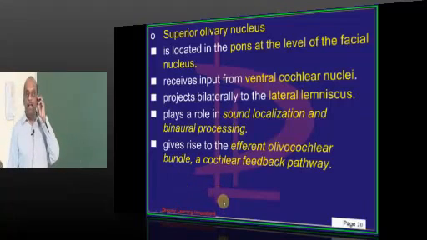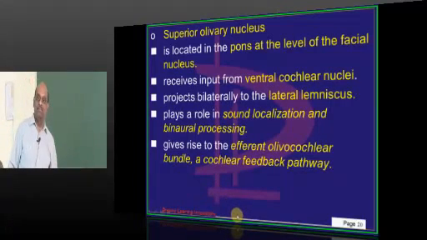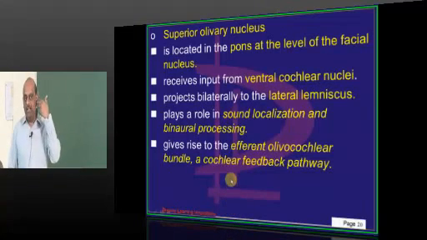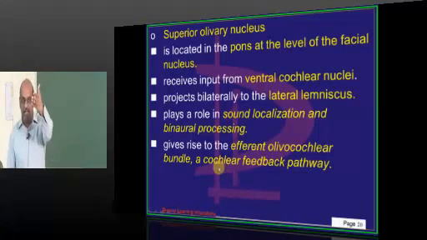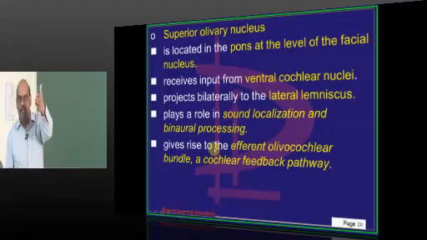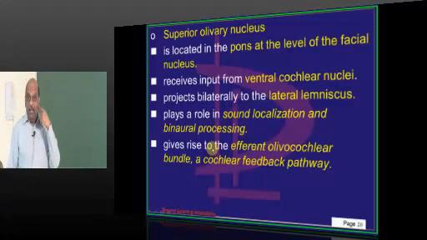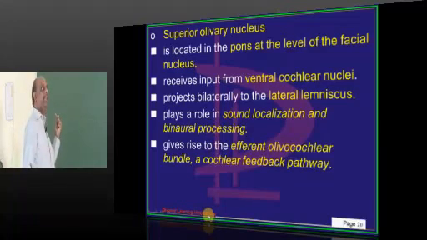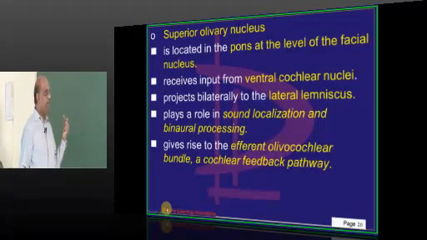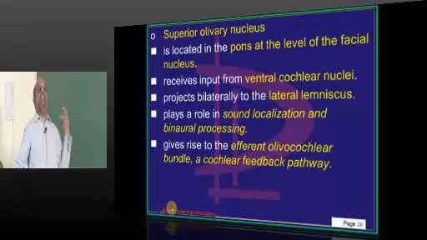It is a cochlear feedback pathway. Once the cochlea generates electrical impulses and reports about the sound, localized sound, the intensity and pitch of the sound to the brain, in turn the superior olivary nucleus which received it will send the information back to the cochlea. Why is this required?